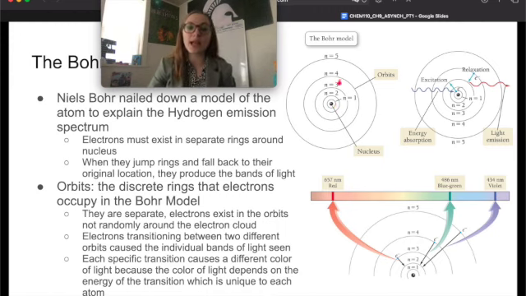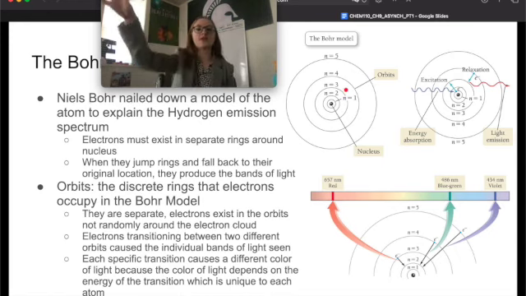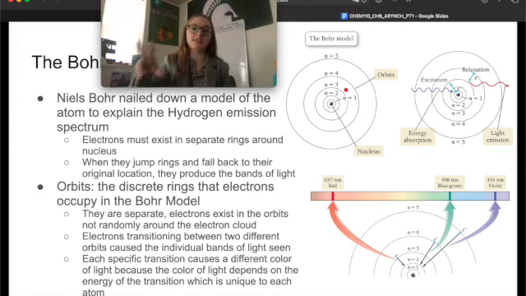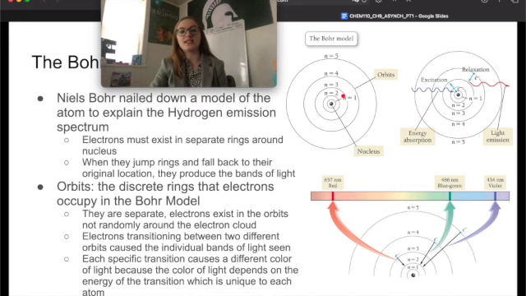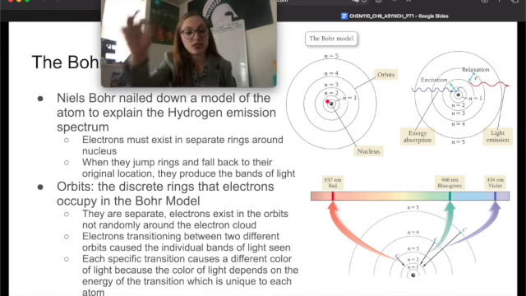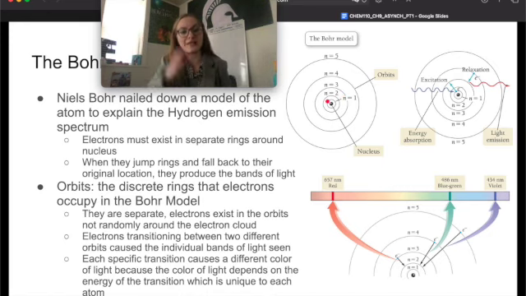And so he was saying on these orbits that those electrons transitioning between orbits when they came back down from their excited state is what's giving off these colors of light. And because these orbits are so separately apart in these specific fixed positions, each atom must give off a different kind of light. Different color of light, I should say.